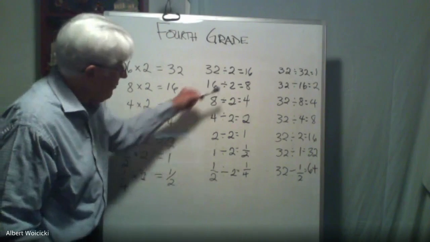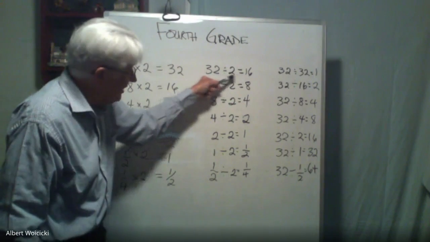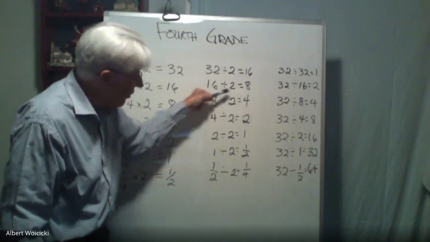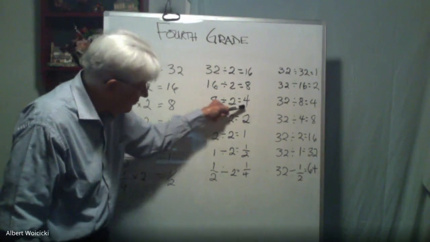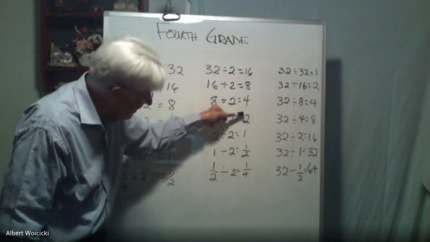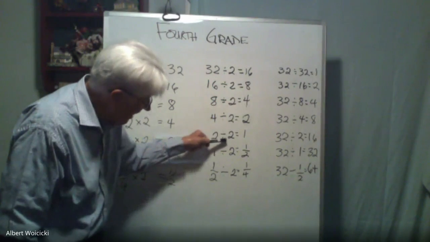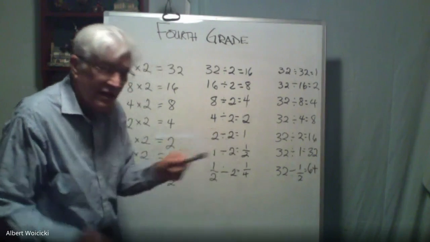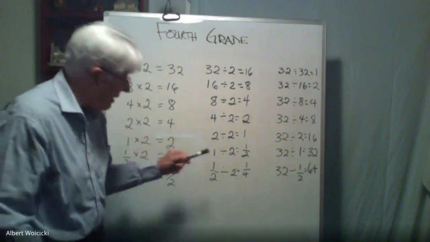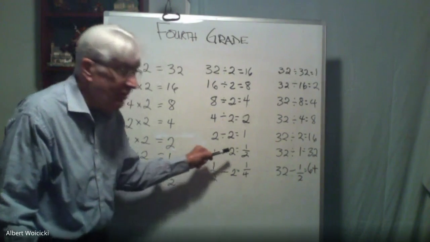When we divide 32 by 2, we get 16. Then 16 by 2, we get 8. So 8 divided by 2 is 4, and then 2. So what's happening? Everything's getting cut in half. 2 divided by 2 is 1. The identity. Now 1 divided by 2.